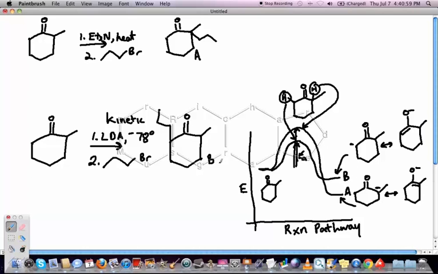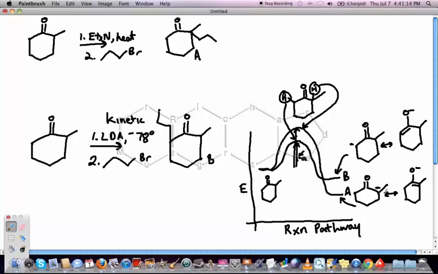But if we were to raise the temperature and use thermodynamic conditions, we end up getting a more stable anion, and we'll remember that thermodynamics is all about the stability of the products, while kinetics is about the activation energies.